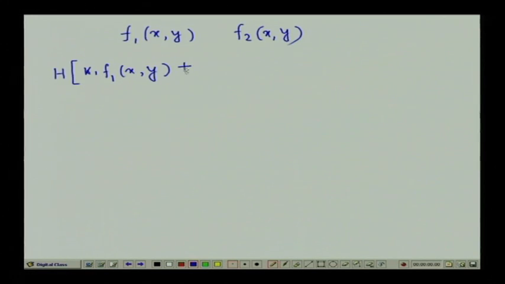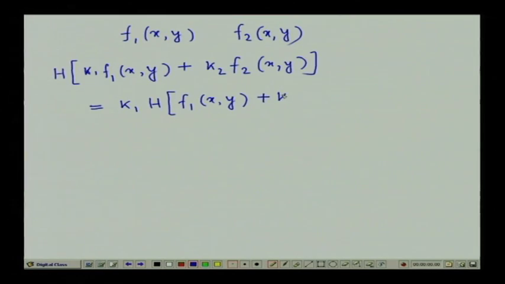For defining linearity, we know that if we have two functions, say f1(x,y) and f2(x,y), then we say that H[k1 f1(x,y) plus some constant k2 f2(x,y)] is equal to k1 H[f1(x,y)] plus k2 H[f2(x,y)].